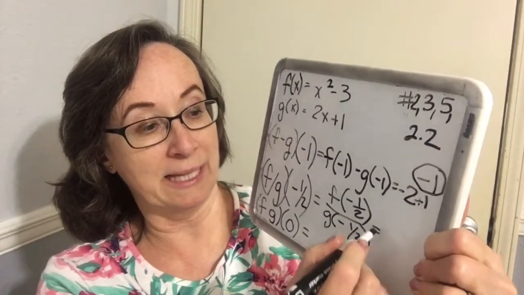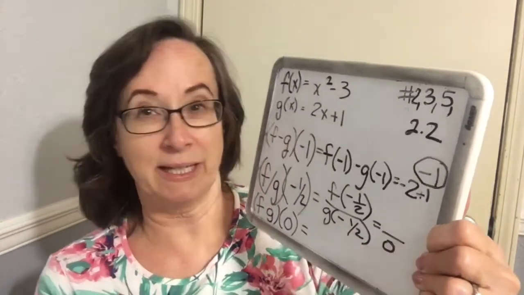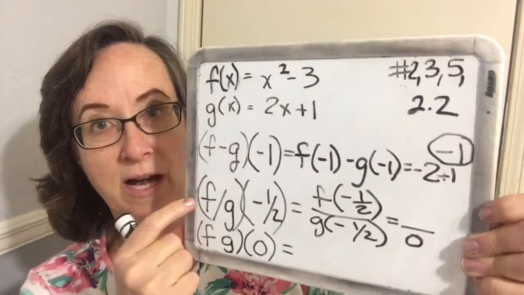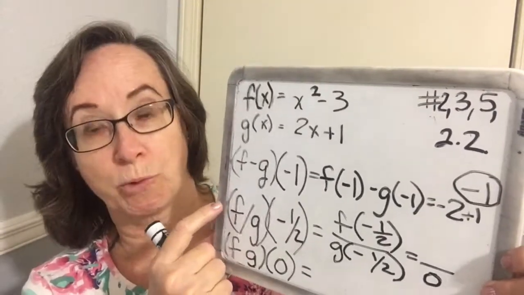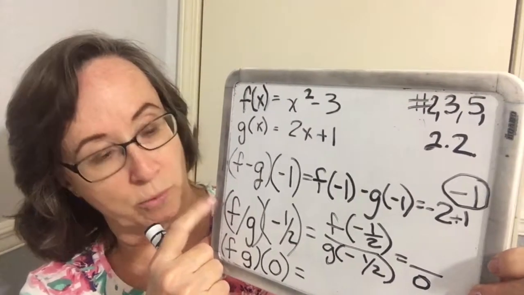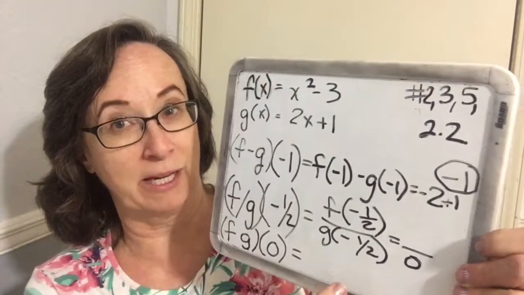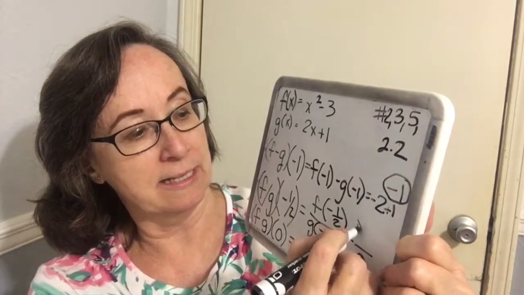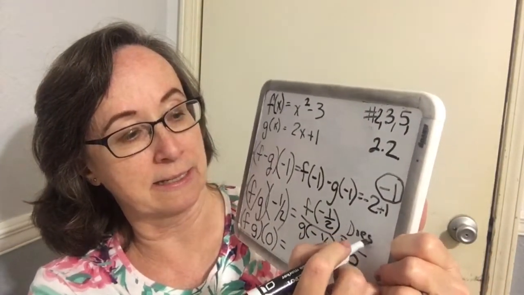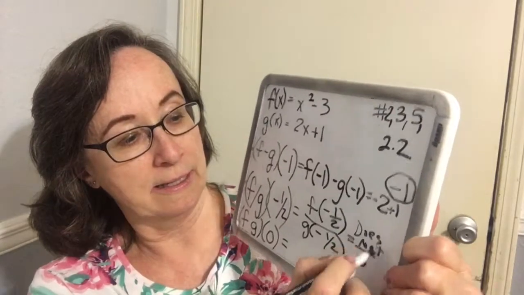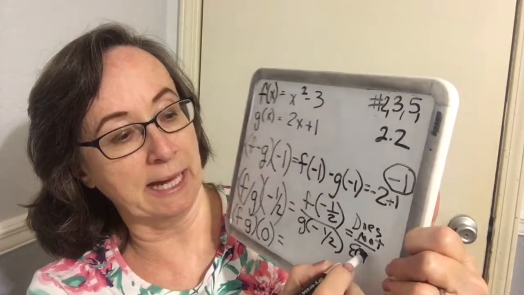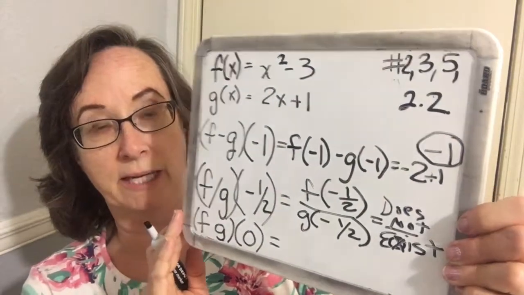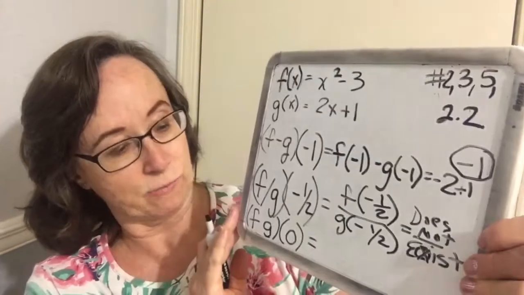And we know that anytime we divide by 0, it is undefined. Therefore, this composite quotient function here, the quotient function at -1/2, does not exist, because there is a 0 in the denominator when you plug in a -1/2.